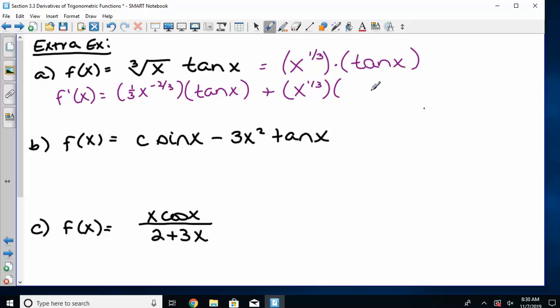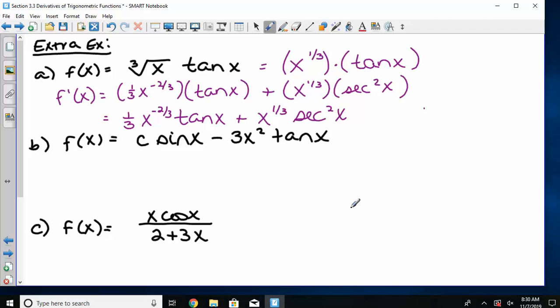Derivative of tangent is secant squared, and that's really all you can do here. You could drop out these parentheses if you wanted. But that's about it. Typically with these trig functions, your derivatives are probably going to get uglier with each step. It's not like a polynomial where it gets nicer as you go along.